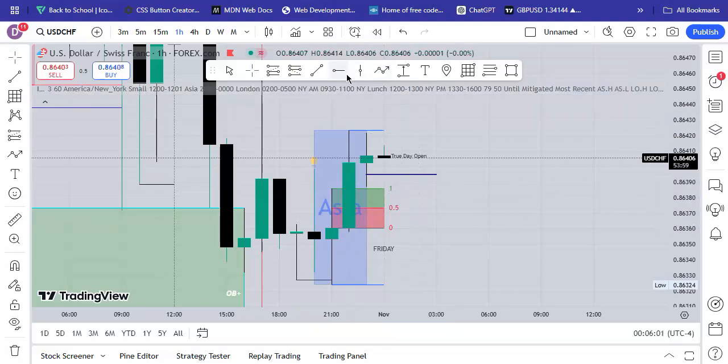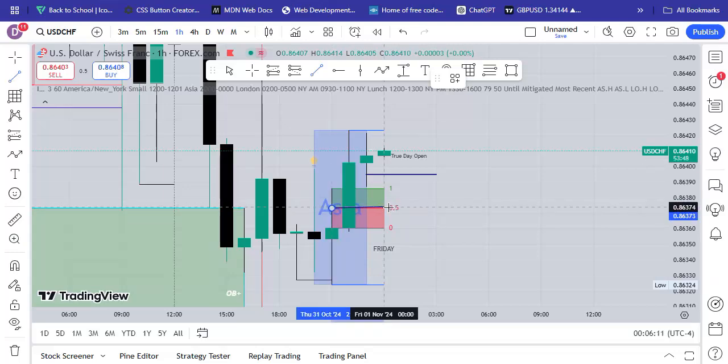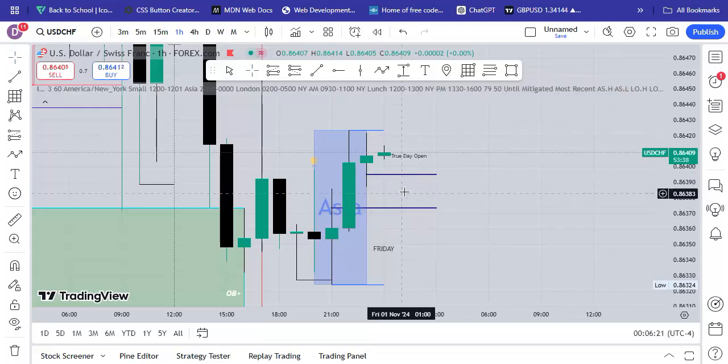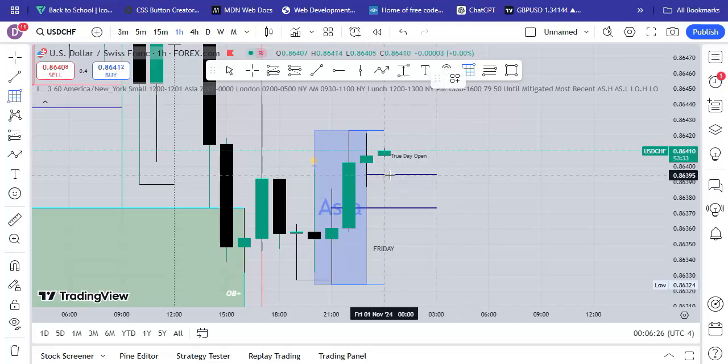Okay, so the 50% level of the candle, the left candle's wick. As you can see, this candle has a very large wick. So when you have this kind of price action, this could also be traded as a fair value gap. So between here and here, we would have the consequent encroachment of this implied fair value gap.